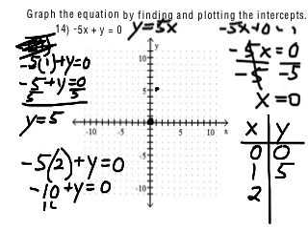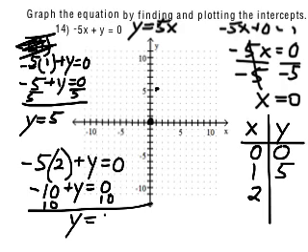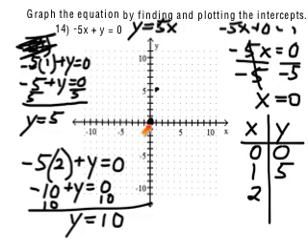Add 10 to both sides, and we get y equals 10, which kind of stands to reason. Oops, I guess I should write it in to our little table. Start here, over 2, up 10, right there. That's our point.